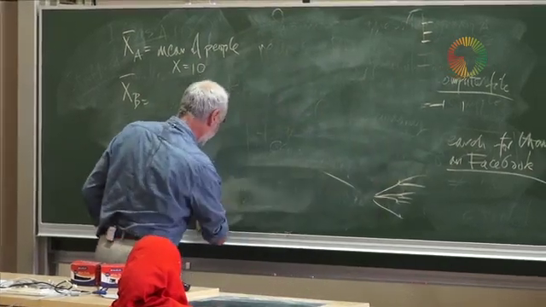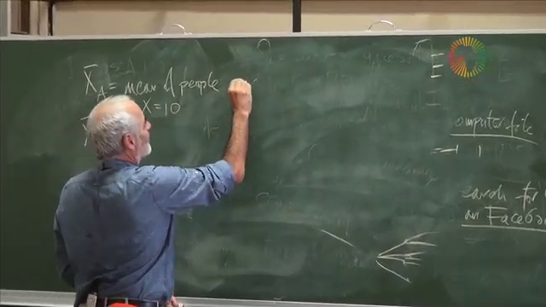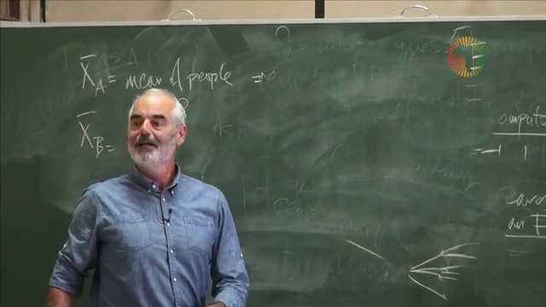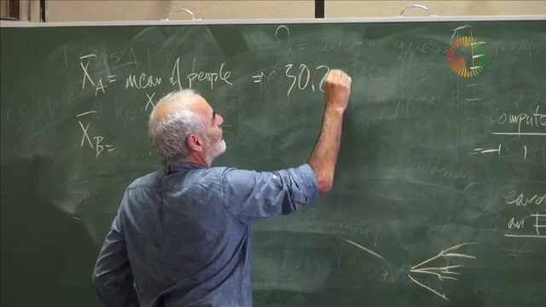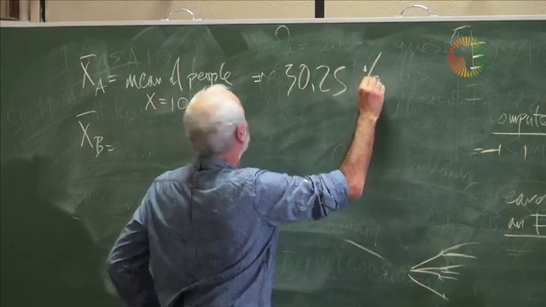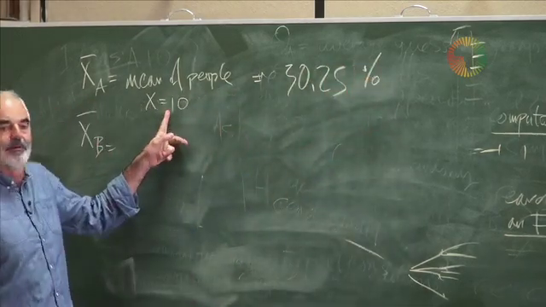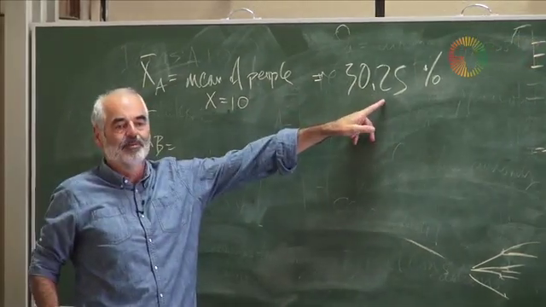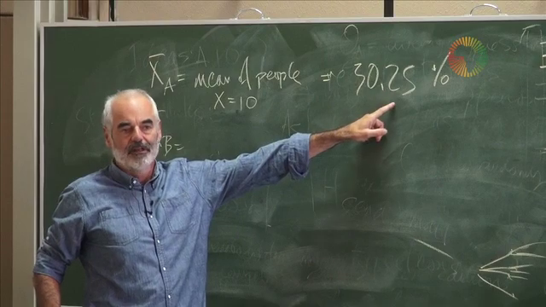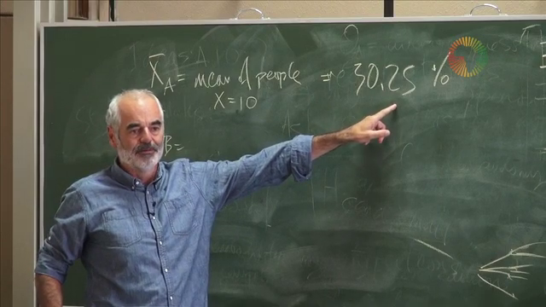And the average for that was, Emma? 30.25%. So people who were given that number at the top, a meaningless number, thought there were 32.5 states in the UN from Europe.